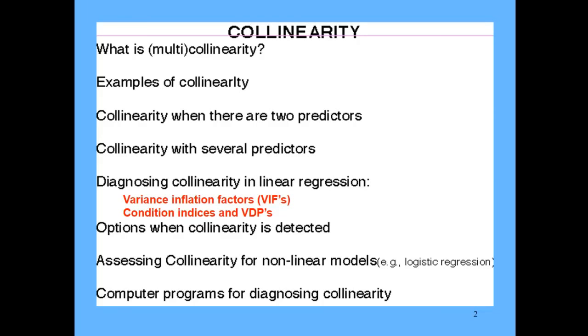And then we're going to talk about how you actually determine whether you have collinearity in your data. How do you diagnose it? And if you find that you have collinearity, what do you do about it? That's what this topic is about.